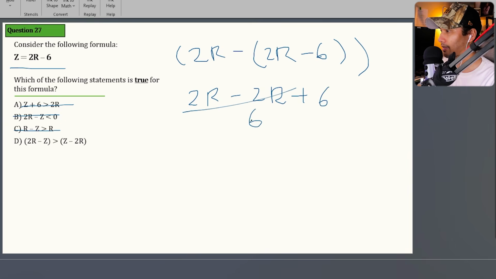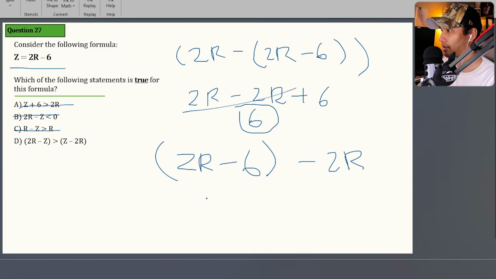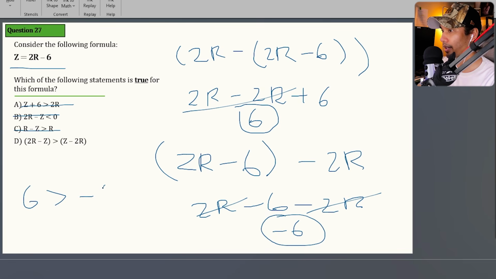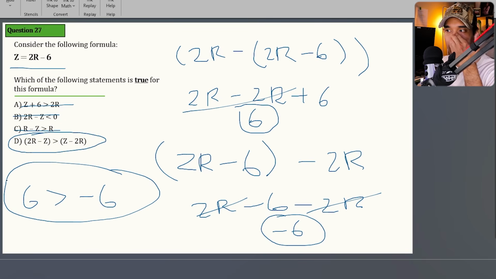We cancel those out, and that's 6 on the left side. And then, I'm just going to circle it. And then we have 2R minus 6 minus 2R. Cancel the 2R's, and we get negative 6. And then we get 6 is greater than negative 6, and that is always true, making answer choice D correct.